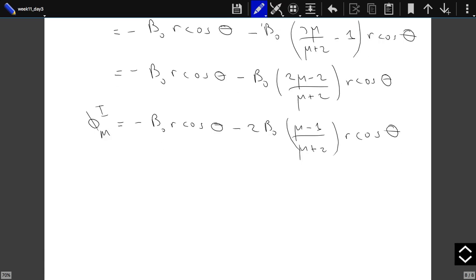Now, if you would calculate the corresponding B field, the corresponding B field is equal to minus the gradient of phi m1.